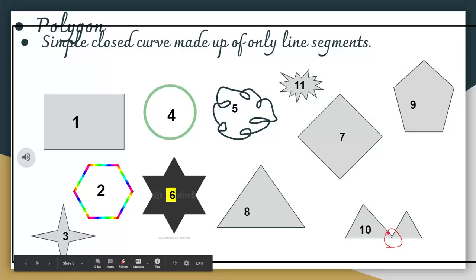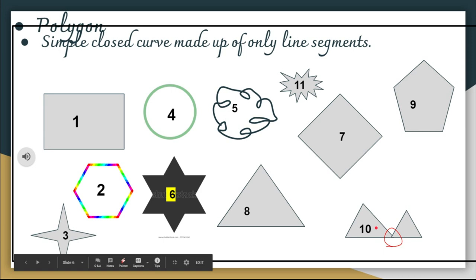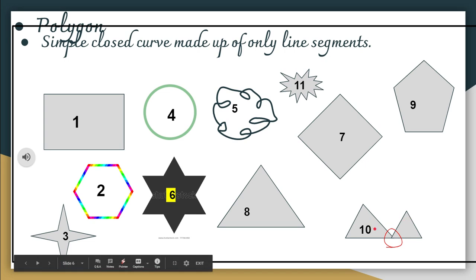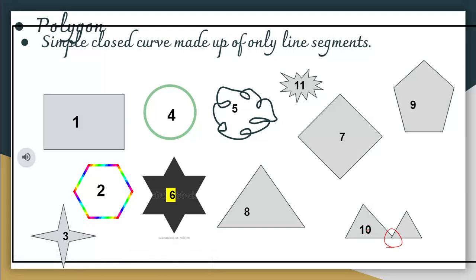Many times, the moment you see line segments, you think that it is a polygon. But the most important point is that to become a polygon, all three criteria should be matched. What are they? It should be a simple curve, it should be a closed curve, and it should be made up of only line segments.